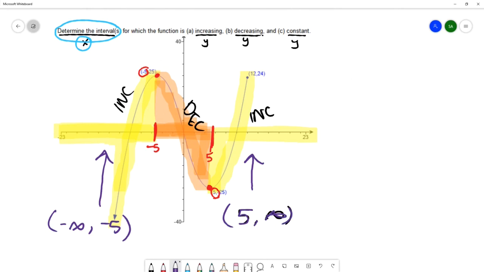And then our interval in the middle, that interval is decreasing, and that goes from -5 to 5. Now, in different books, they have slightly different definitions for increasing and decreasing.